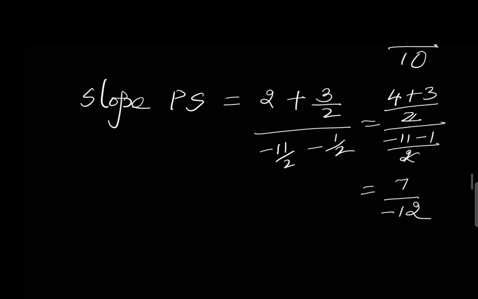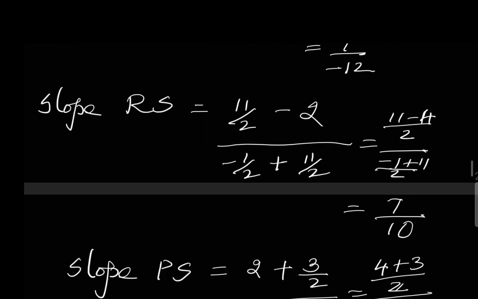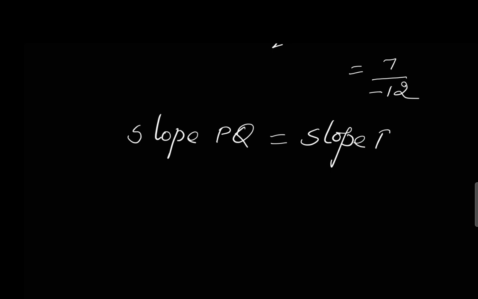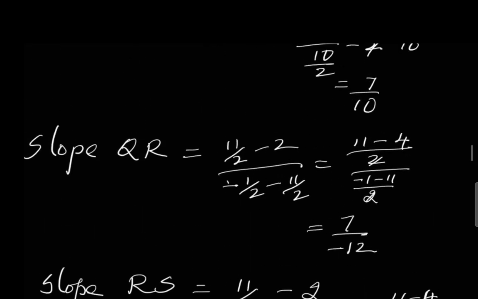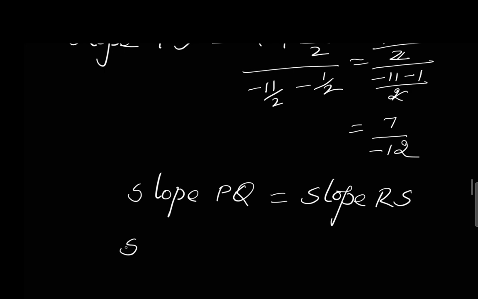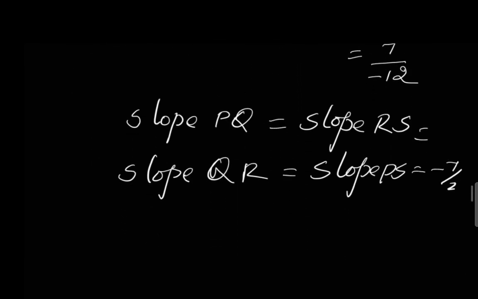Look at the slopes here. The first slope PQ is 7 by 10, and the same for the opposite side RS. So slope PQ is equal to slope RS. Next, slope QR is minus 7 by 12, and the same minus 7 by 12 is here for PS. So slope QR is equal to slope PS.